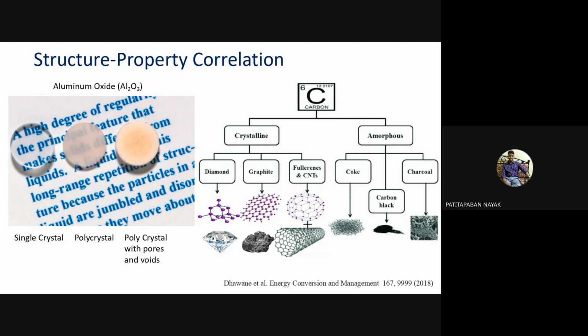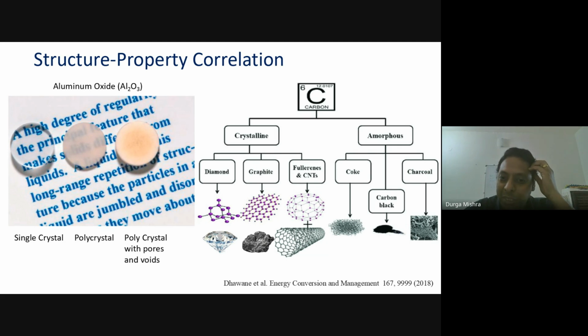Sir, are carbon nanotubes and fullerene naturally occurring? No, that's a good question. All the materials may not be naturally occurring. Diamond you can find in nature. Graphite, of course, you find in nature. But fullerenes and carbon nanotubes are all made in labs.